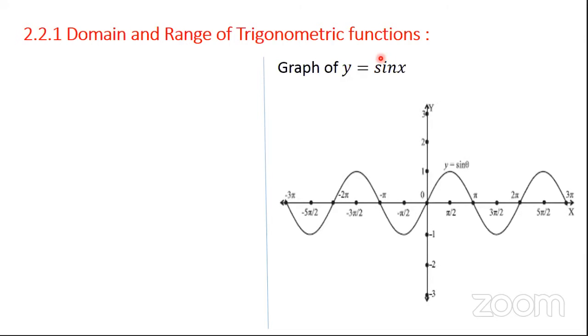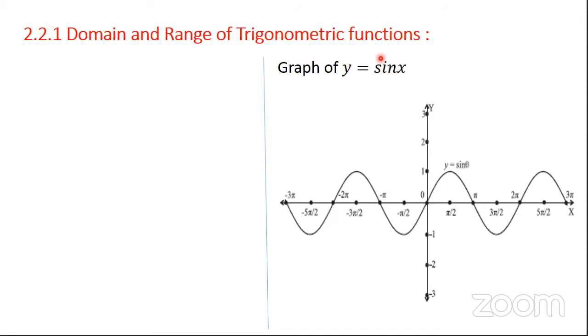We have defined sine theta and cos theta where theta is a real number. Therefore, domain for sine theta and cos theta is real numbers. Now we have to find the range also. So we will go one by one for all the 6 trigonometric functions.